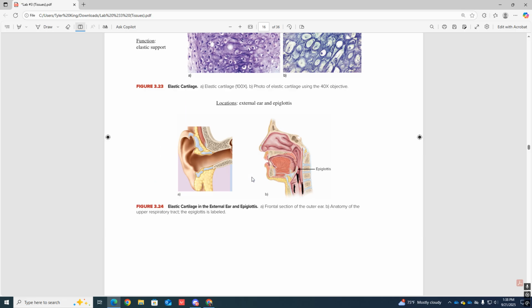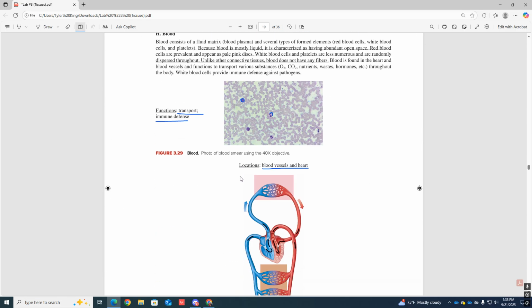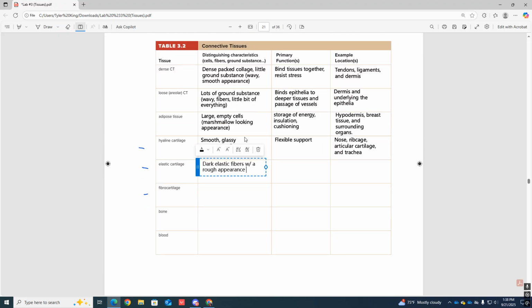The random arrangement. And the lacunae here are in random arrangement, the eye-looking structures. The primary function of this is elastic support. Pretty straightforward there.